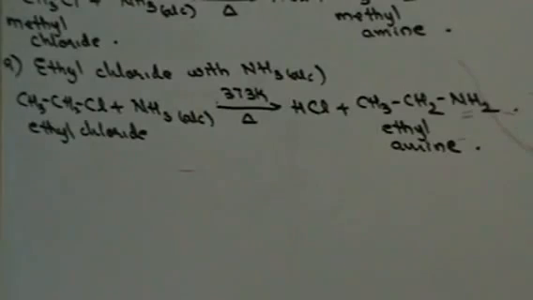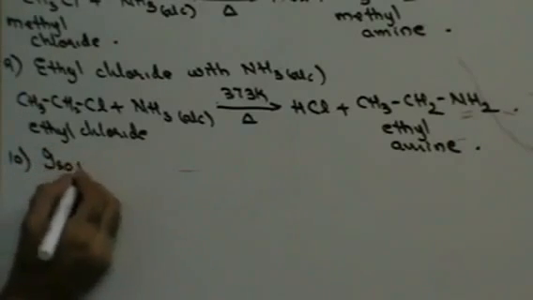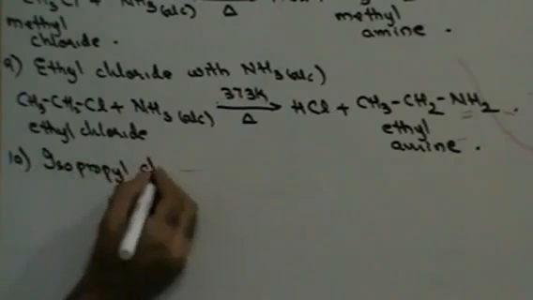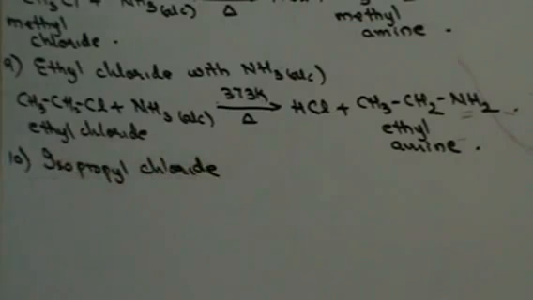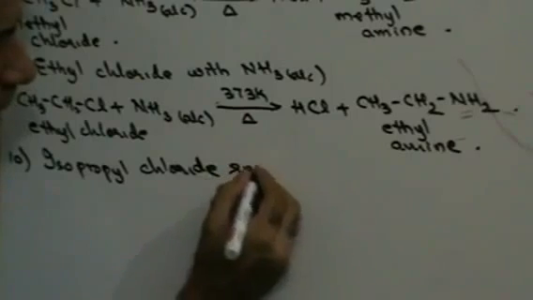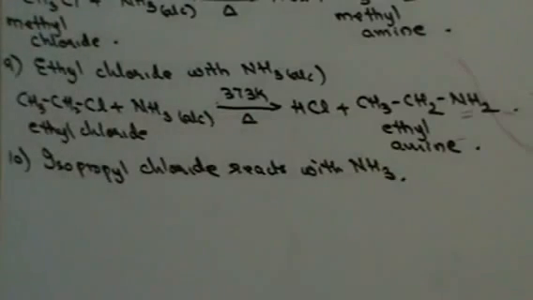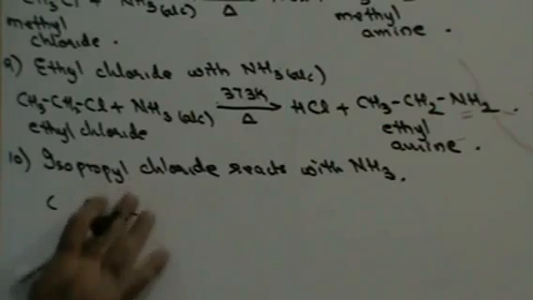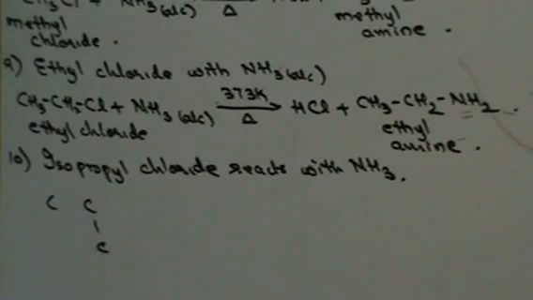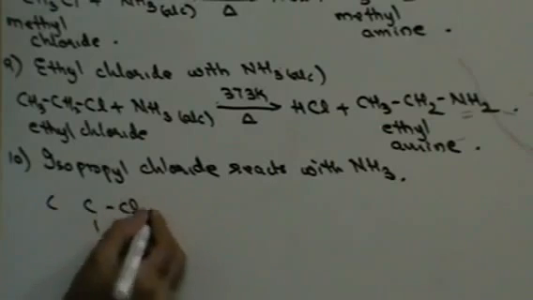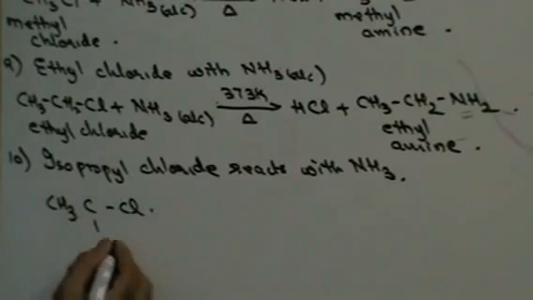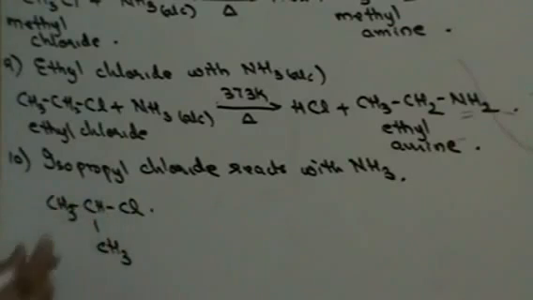Fine. Next, what would happen when isopropyl chloride reacts with ammonia? Right? Isopropyl chloride, propyl, 3 carbon atoms, iso, that means one of the carbon atoms should be in the branch, chloride, Cl, CH3CHClCH3.